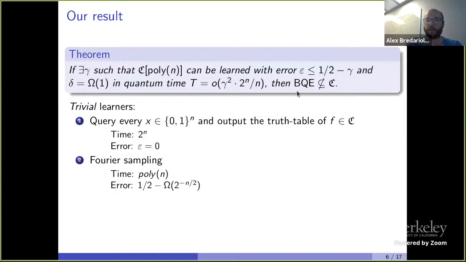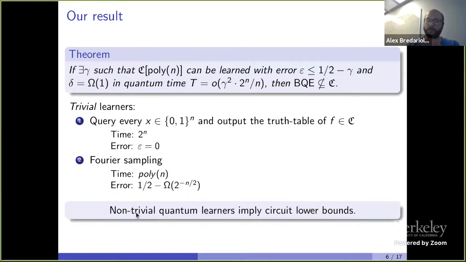And in the second case, we would have time that would be, I guess, 1 over n, but if you can bootstrap to poly n, then you also have the circuit lower bounds. So just to summarize, what our result is saying is that if you can have a non-trivial learner, so if you can improve a little bit on either of these trivial learners, then it already implies circuit lower bounds.